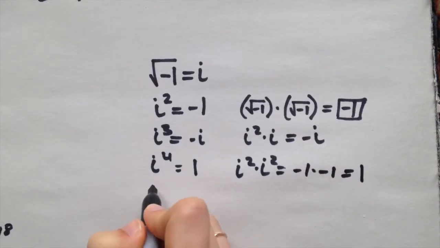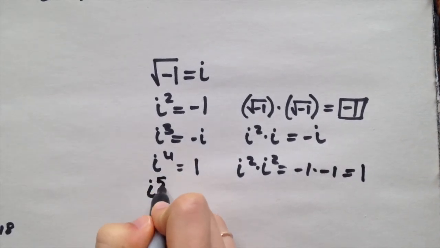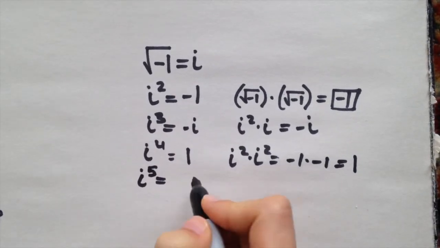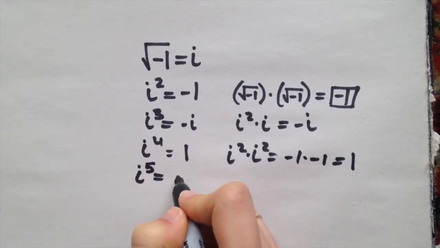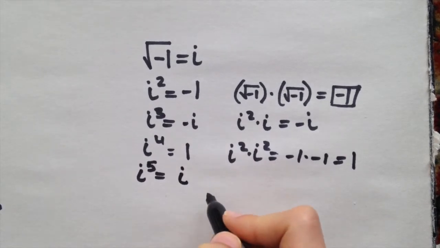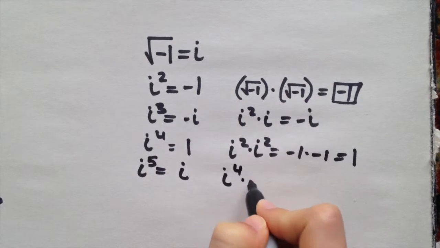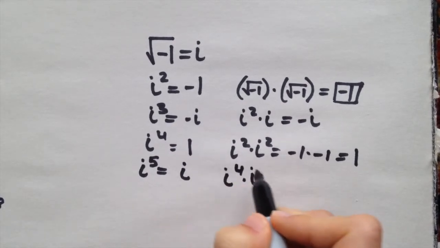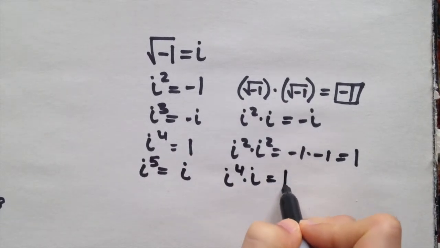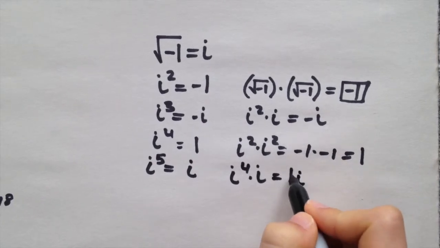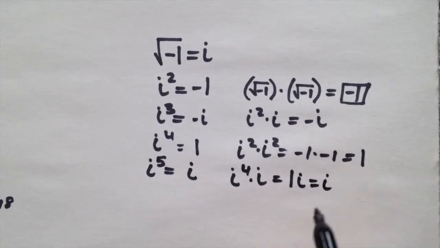So now if we would do i to the power of 5, we would find out that it equals i. Why is it i? Because it would be i to the power of 4 times i, right? i to the power of 4 is 1, and i is i, so 1 times i is i.